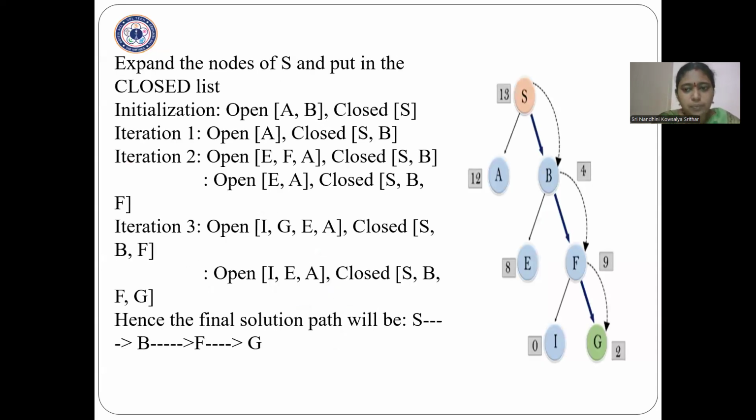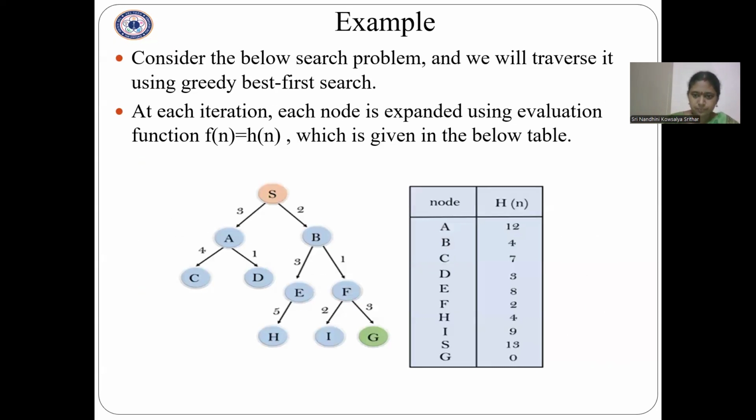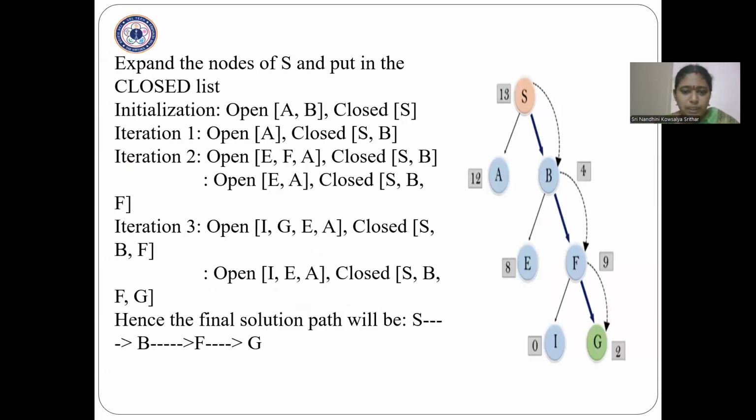So in this example, first of all, we start from S. Then in open, we have two options, A and B. Then we choose B, because the heuristic value of B is lesser than A. We have heuristic value 4 for B and 12 for A. So we choose B and put B in closed, S comma B. Then in the next iteration, from B we have E and F, so we put them in the open list.